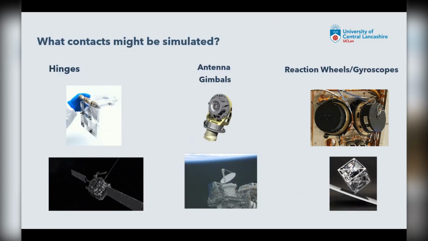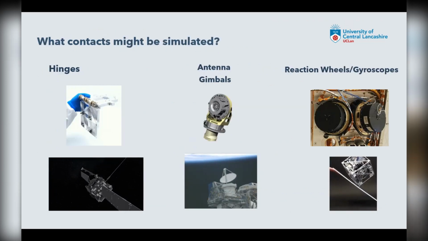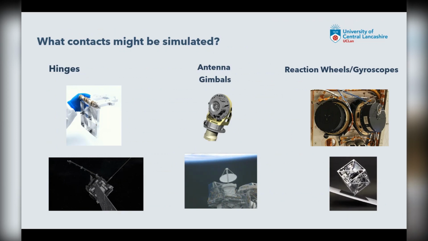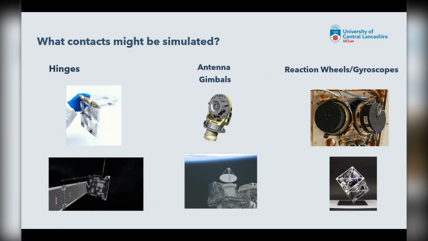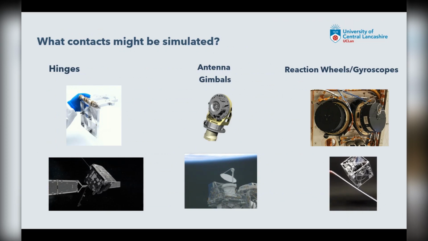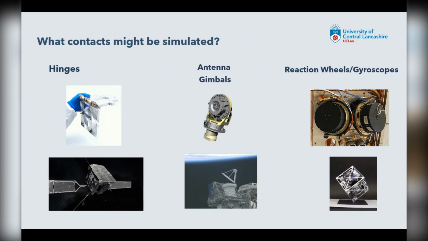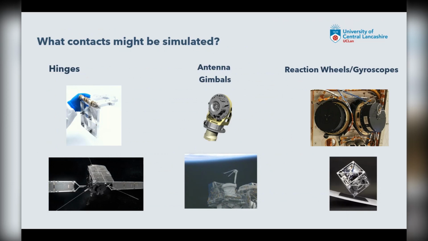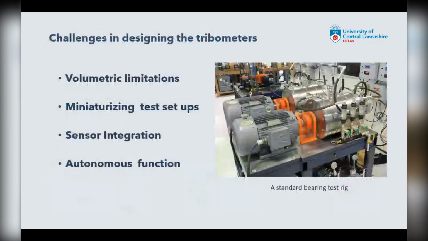We are planning to test hinges, antenna gimbals, and reaction wheels. Not the entire reaction wheel, but we will try to emulate maybe a bearing, that type of small part inside the CubeSat.